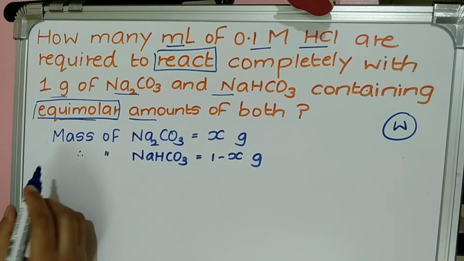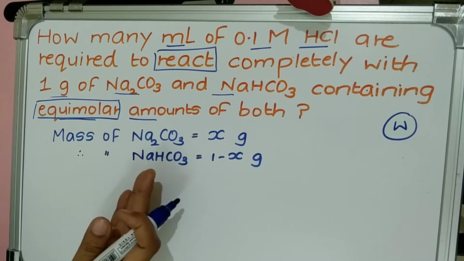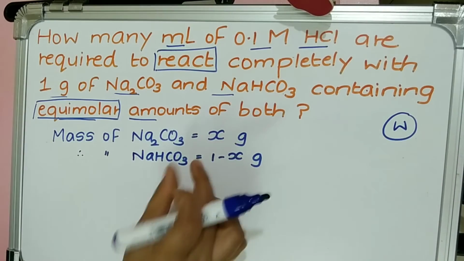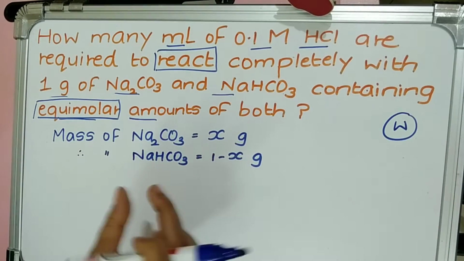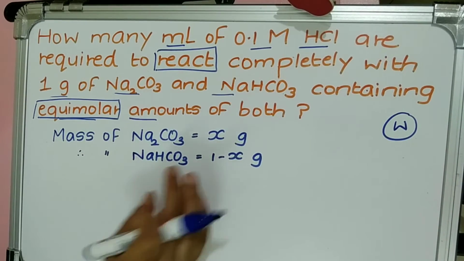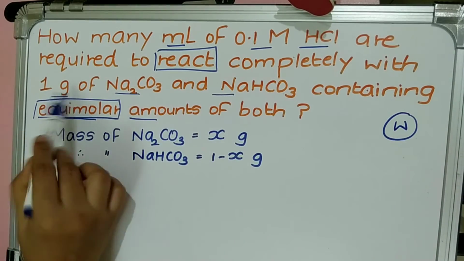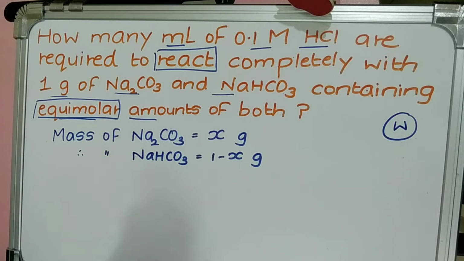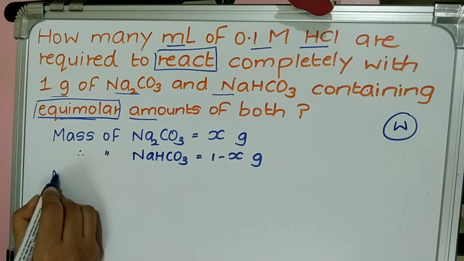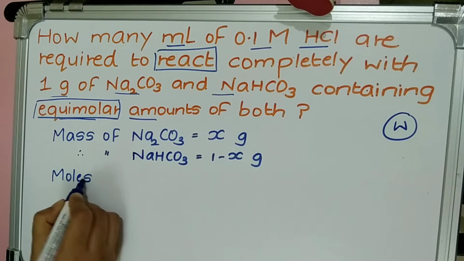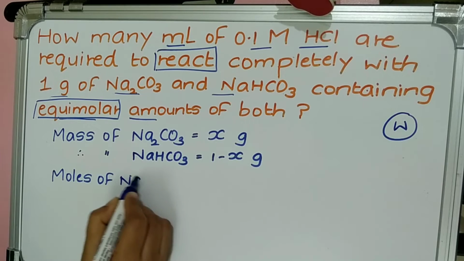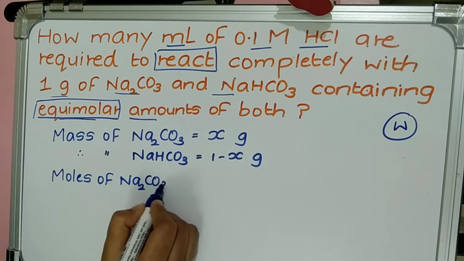So, first of all, we will find the mass of Na2CO3, what is the X value, and the mass of NaHCO3, 1 minus X. For that, what is given to you? 1 gram of the mixture is only given. So, first you find moles of Na2CO3.